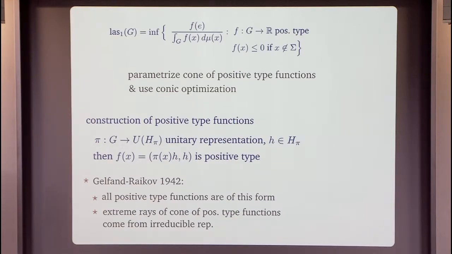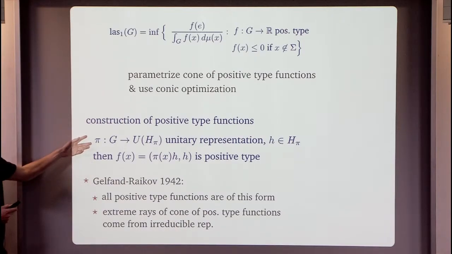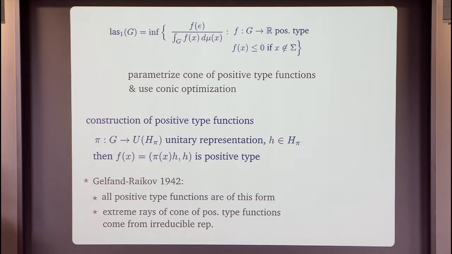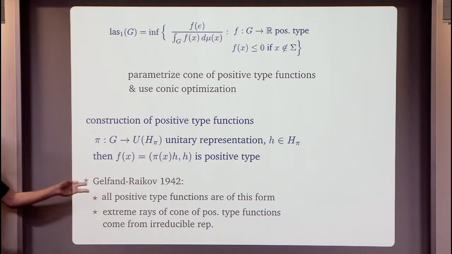And Gelfand and Raikov in '42 proved that, in fact, all positive type functions you can write down in this form. So all positive type functions come from unitary representations. And the extreme rays of this cone of positive type functions correspond exactly to the irreducible representations.